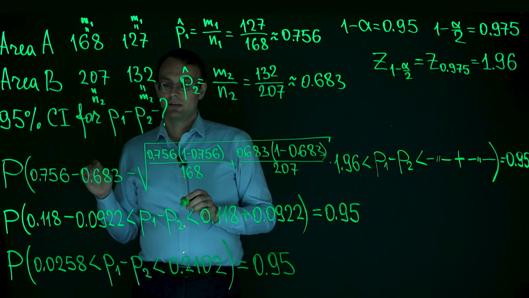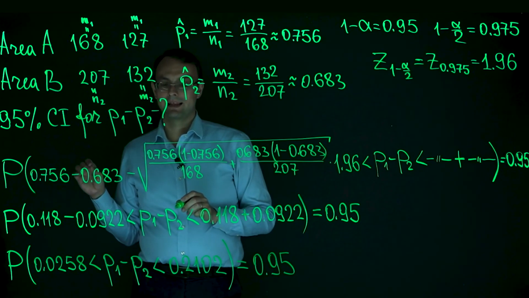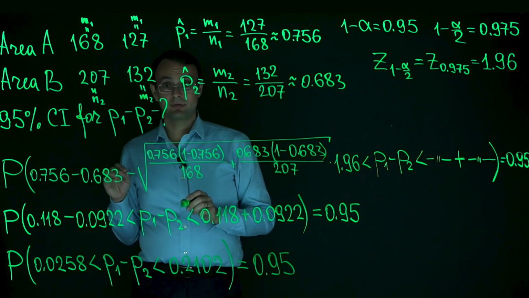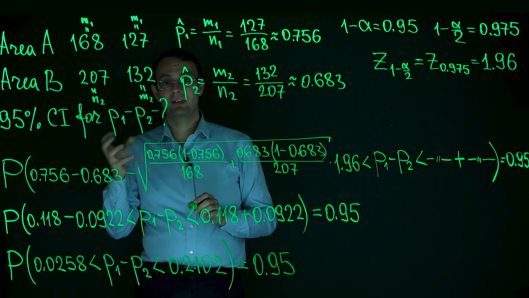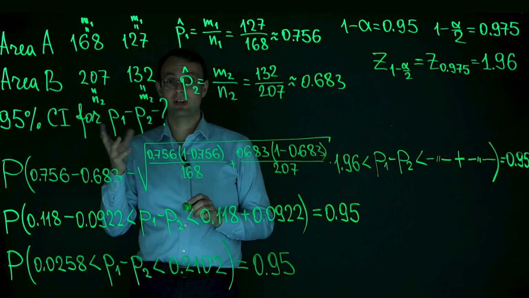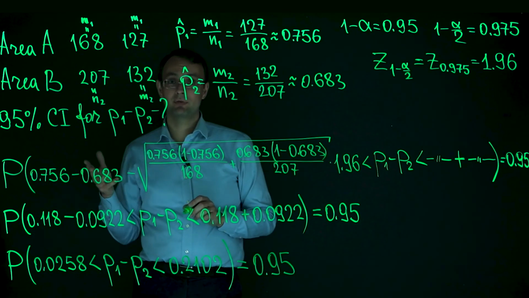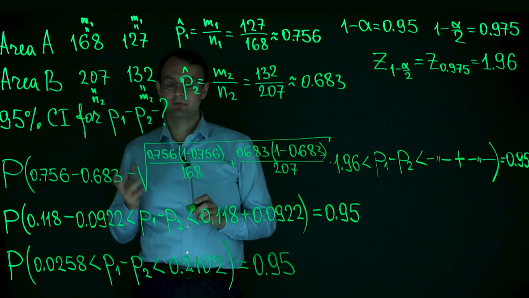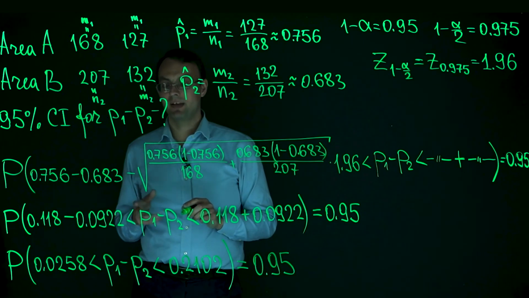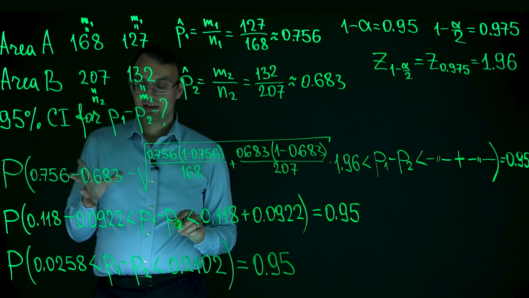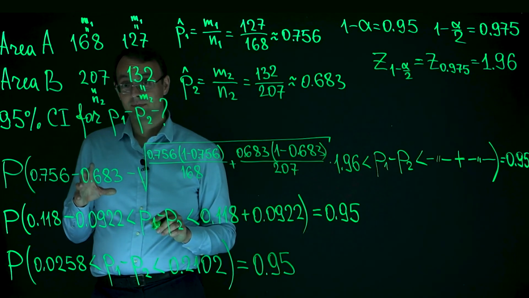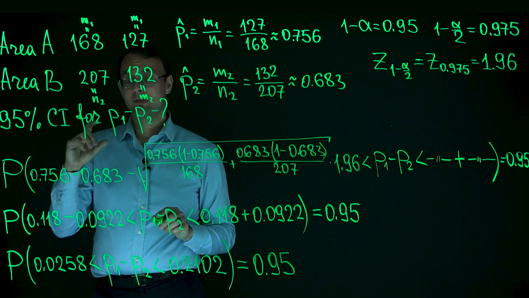The difference of two sample proportions of those satisfied with the public transport for area A and area B is this one. Approximately 12%, so the difference is 12%.